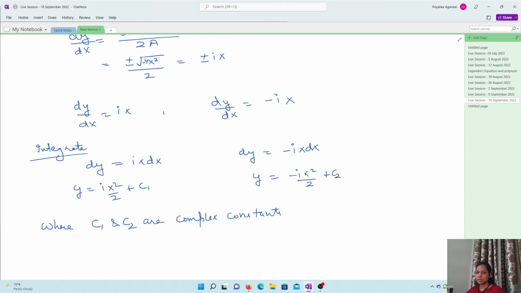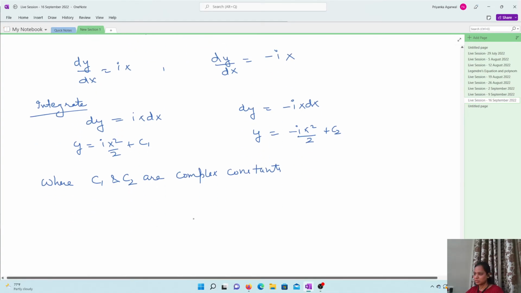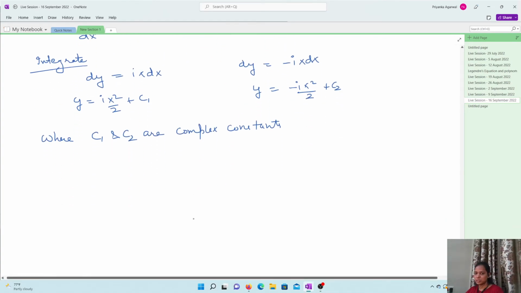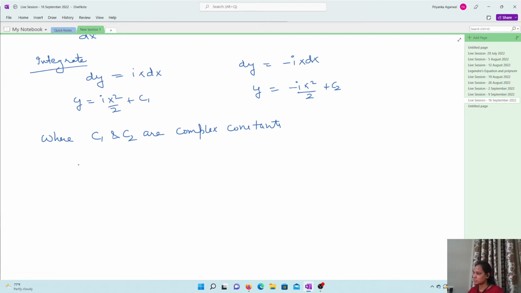Okay, now once we have these, we have to do the transformation. So let's write this. This equation becomes y plus iota x square by 2, which is some constant, and y minus iota x square by 2, which is some other constant.